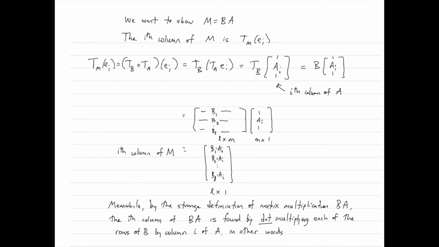Okay, so T sub M of e_i is equal to T sub B composed with T sub A, with T sub A applied first, then followed by T sub B, and then you apply that to e_i.